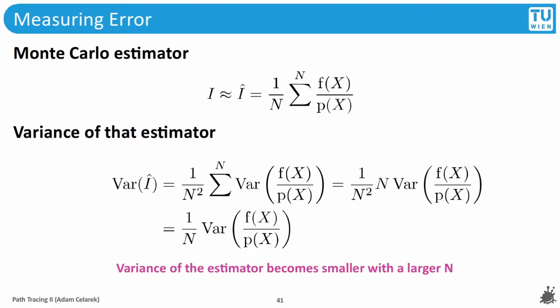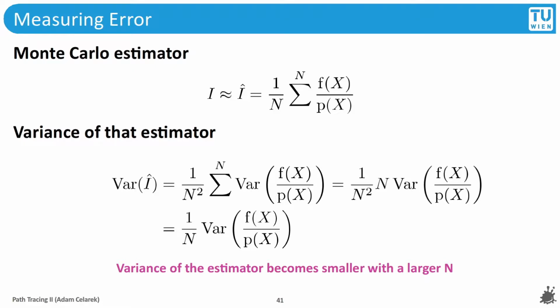And the sum of n constants is n times that value. So we can replace the sum by n. And 2 of the n cancel each other out. So the result here is that the variance of the estimator and the error is 1 over n times the variance of a single sample.